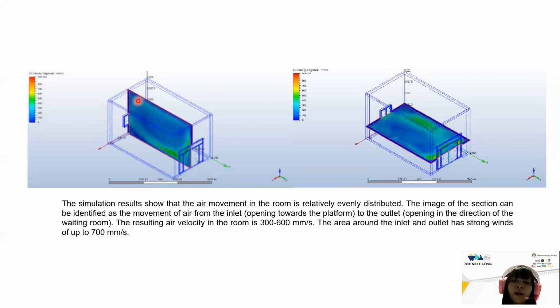The resulting air velocity in the room is 300 to 600 millimeters per second. The area around the inlet and outlet has strong wind, up to 700 millimeters per second.